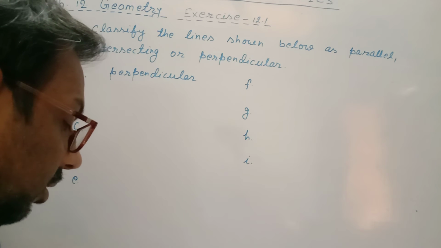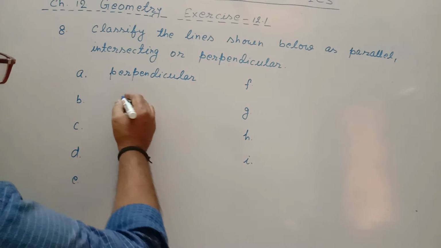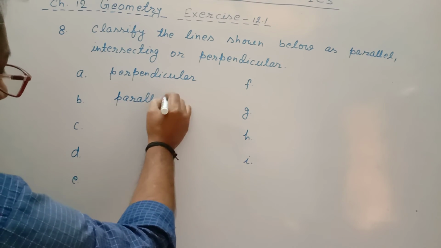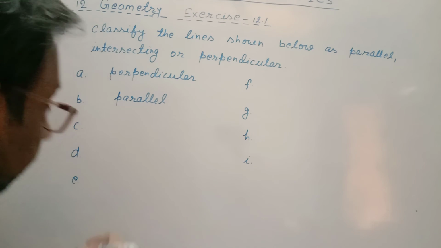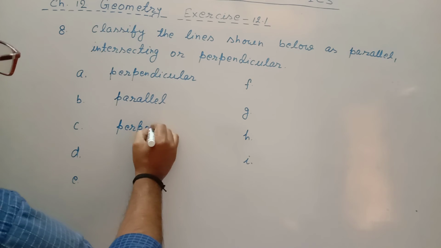Between these two lines, the distance is equal. Therefore, these two lines are parallel lines. We write here parallel. In question number C, lines are perpendicular. We write perpendicular.